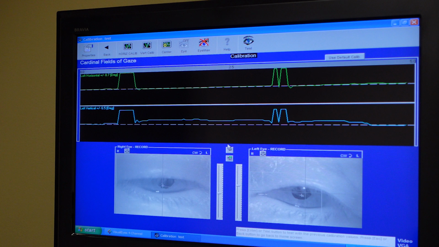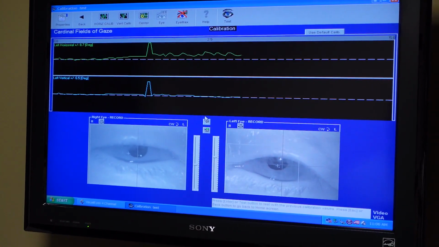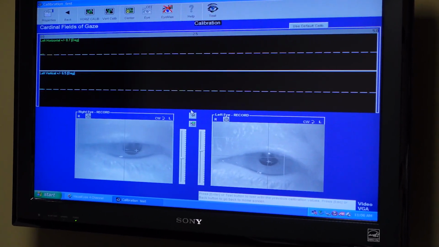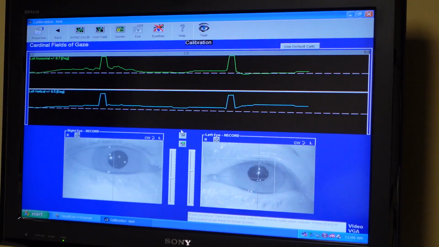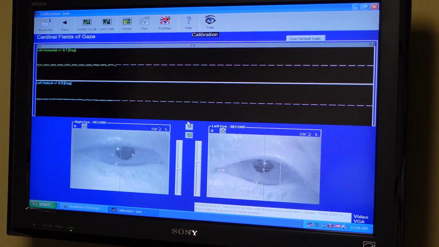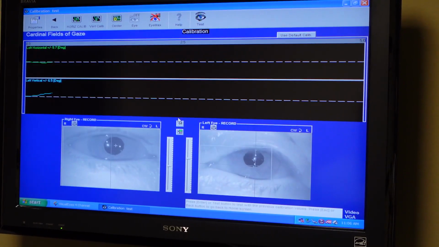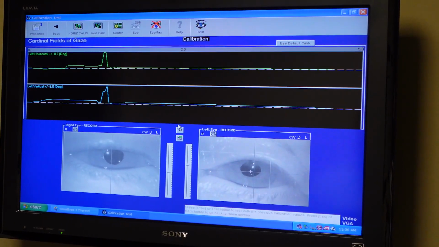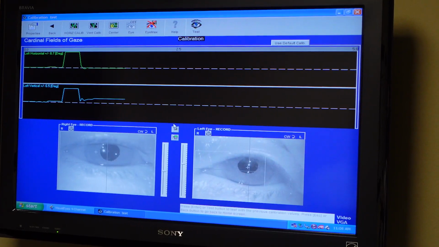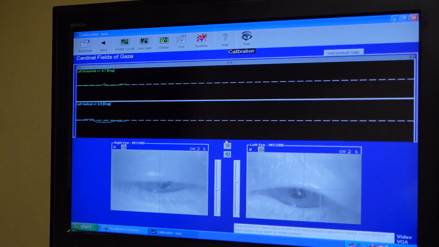And with her, what we're seeing is that the first second, right after we stop, she again goes back to a right beat nystagmus. So this really indicates, again, a central-based cerebellar type pattern for her dizziness and her eye movements. And we're seeing this bilaterally on both sides, which means that it's not just the infection of the vestibular nerve that's causing that.